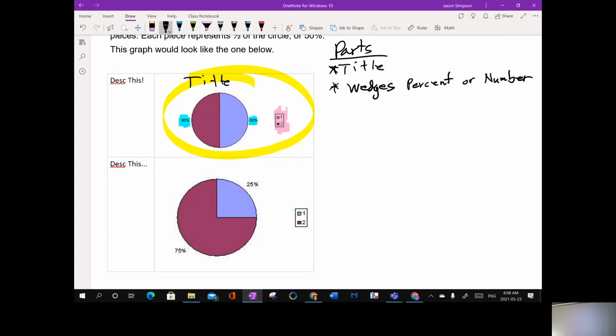Each wedge can be a different color. And here's the last bit. There is a thing called a legend. The legend tells us what each color means, what each section represents.